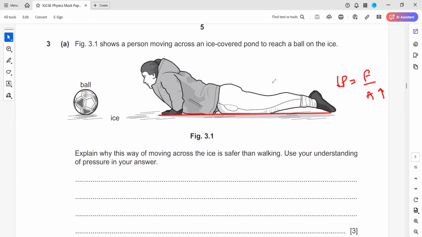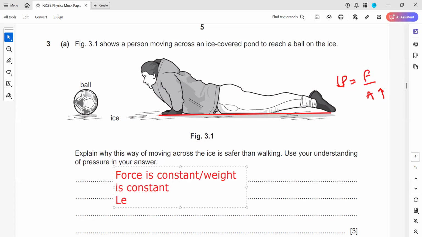So here, how do you score the 3 marks? In this position, for the same force, because his weight is not changing, the force is constant. In this way, there is a large surface area in contact.